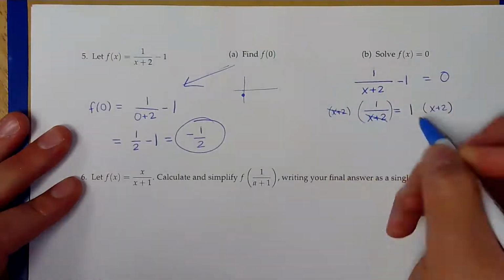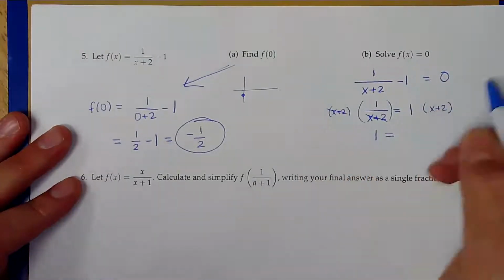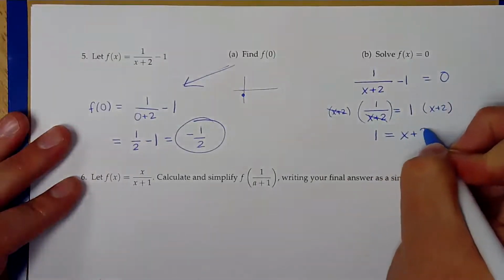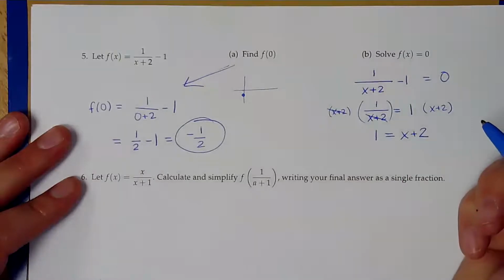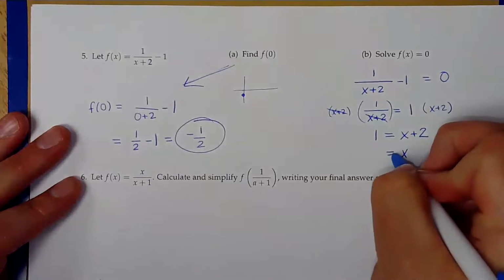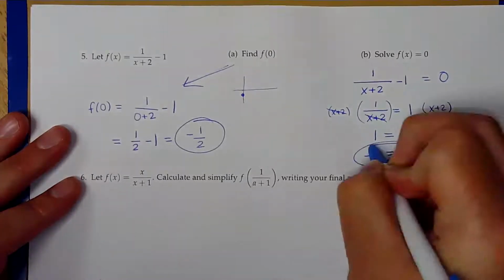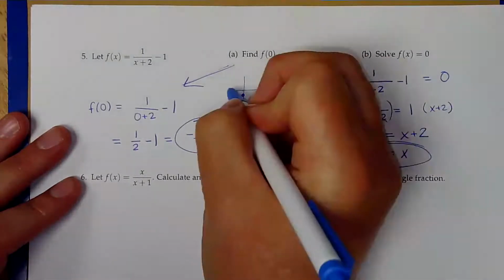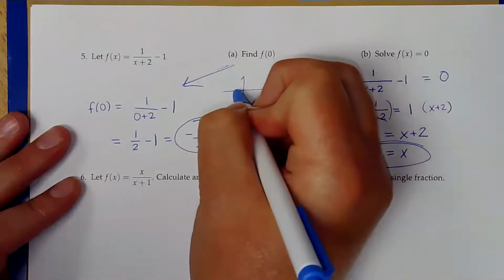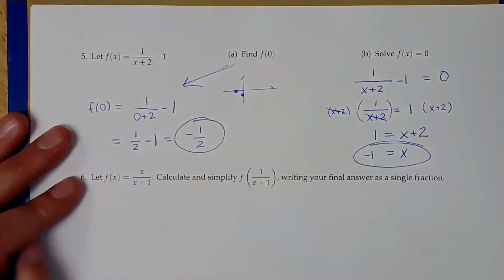So those will cancel out and I get 1 is equal to, and then 1 times anything is just that anything. So I get x plus 2. And then if I subtract 2 from both sides, I'm going to get x is equal to negative 1. Okay, so as far as the graph goes, that would be this point, negative 1, 0, somewhere right around there.